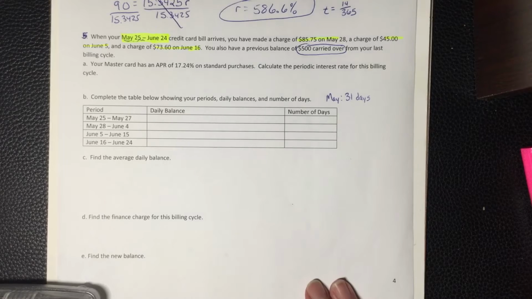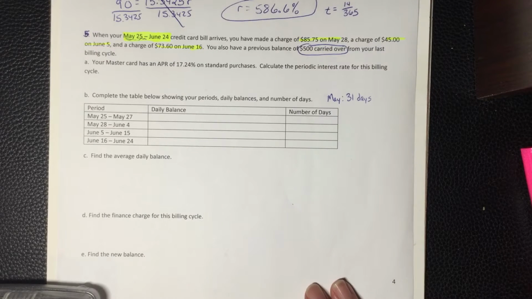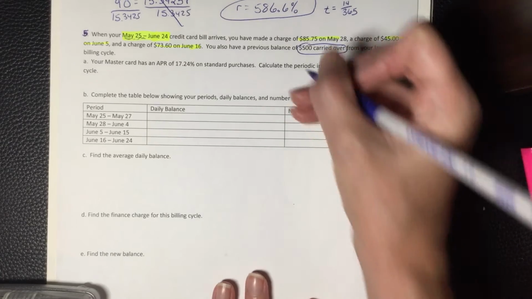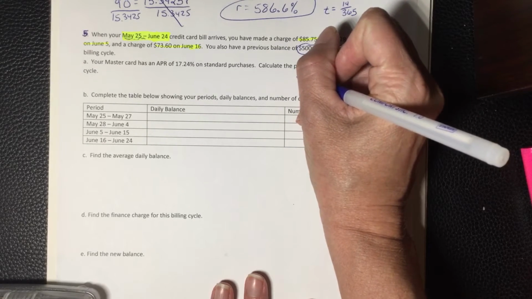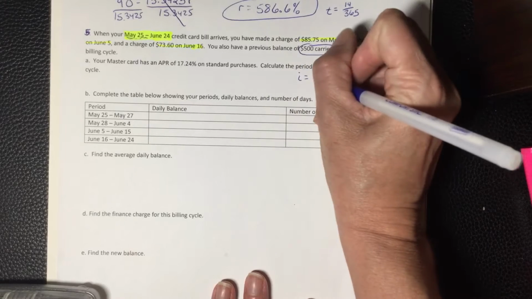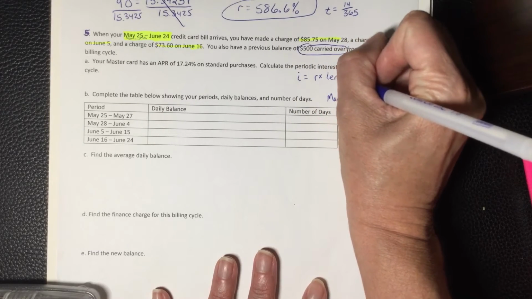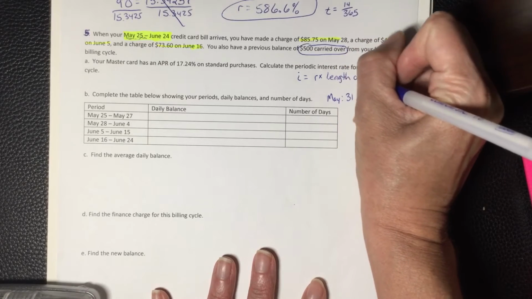So Part A, your MasterCard has an APR of 17.24% on standard purchases. Calculate the periodic interest rate for this billing cycle. This is a little different than the way we've done it before. It's going to be the rate times the length of the billing period.